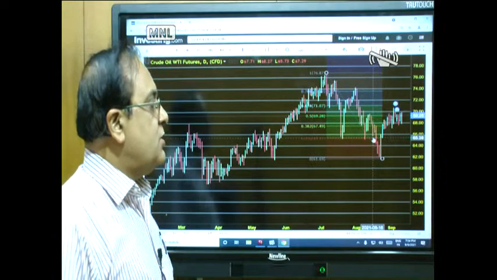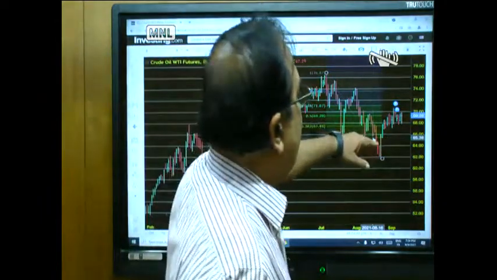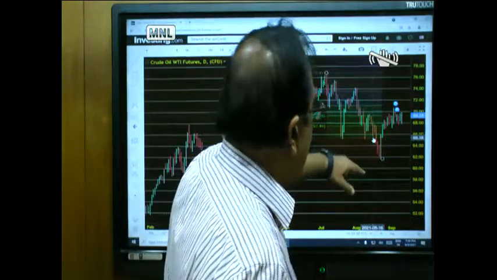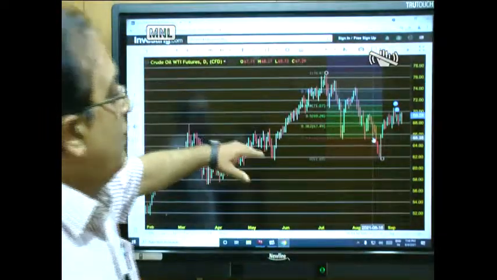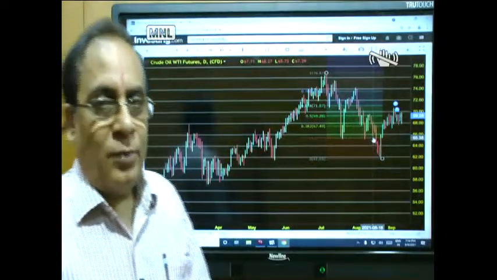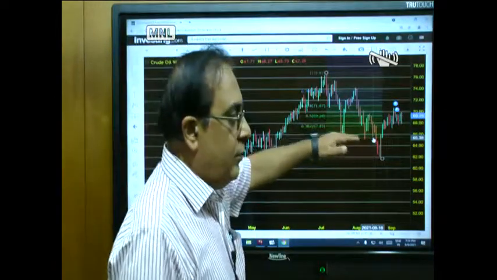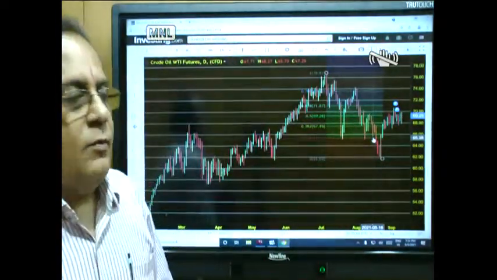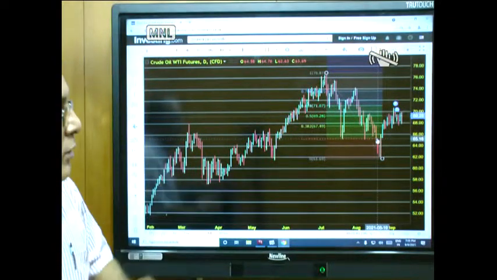So as long as it's able to hold above 65.25, there is a chance that probably it can dip, it can again go back. Now it has to cross 71.07 before we can keep 67.45 or 49 as a stop loss, because we are just keeping one level below that as a place where we want to keep our stop loss positions. So this is as far as WTI crude is concerned.